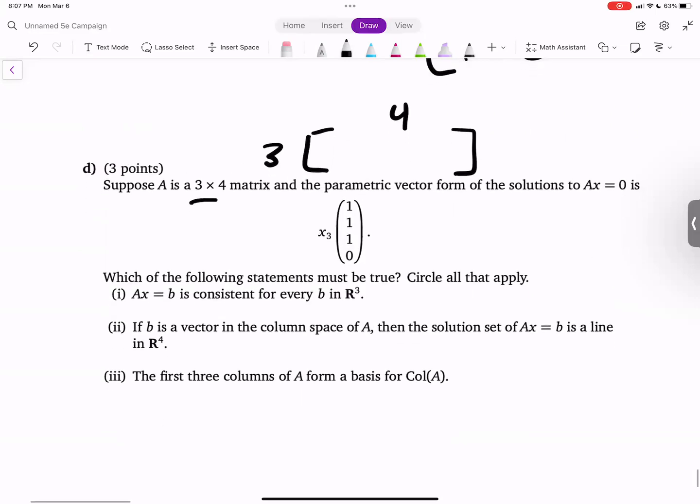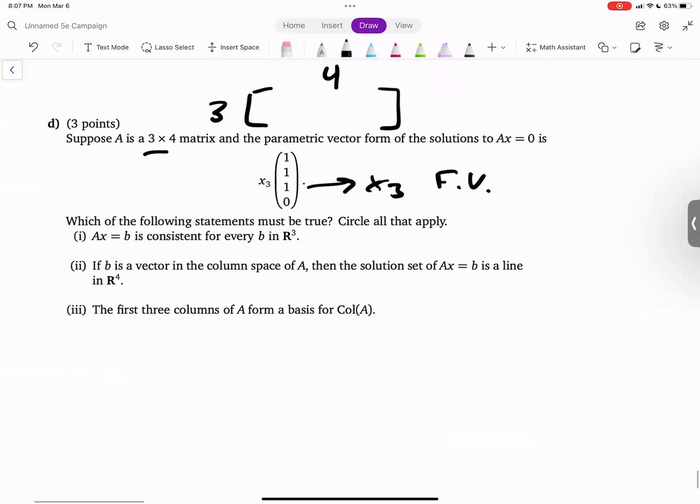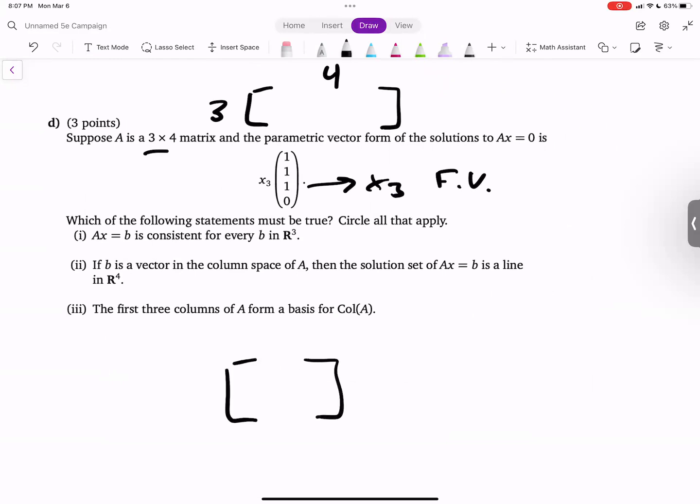What does this parametric vector form tell me? X3 is a free variable. So how else we can say this is we have pivot, free variable, pivot.